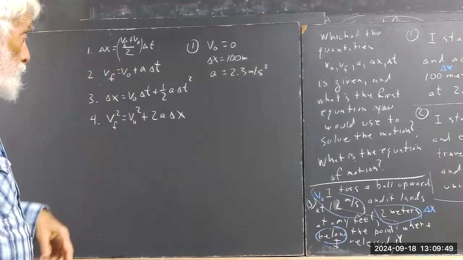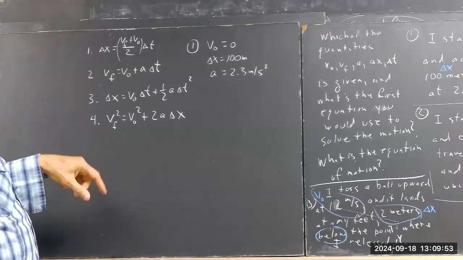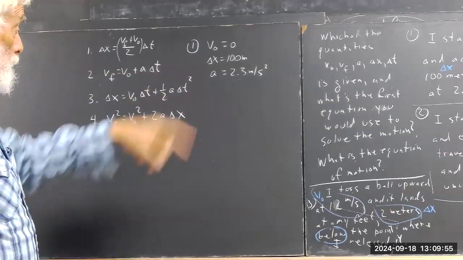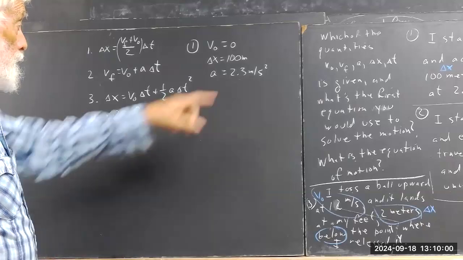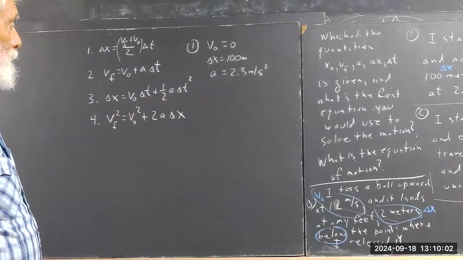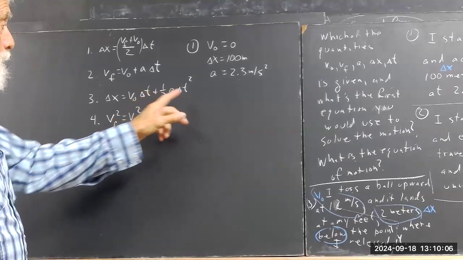Let's go to each one of these longer equations. So what's this equation have? Got a delta x, we're good there. We've got a v naught, we're good there. It's got an a, we're good there. You got delta t, but you got it in two terms, one of which is squared.